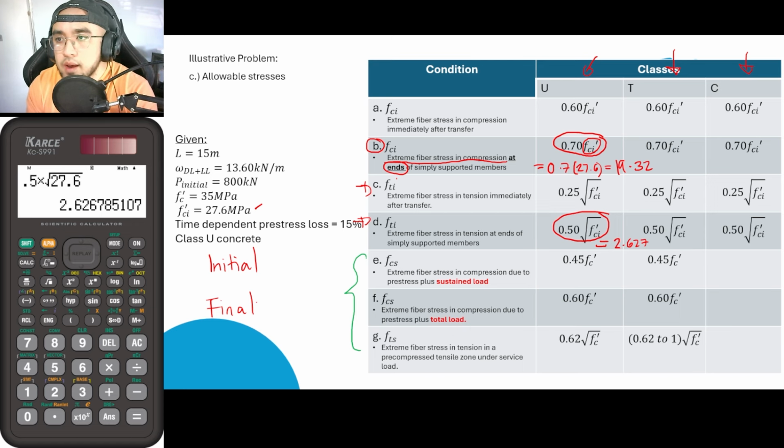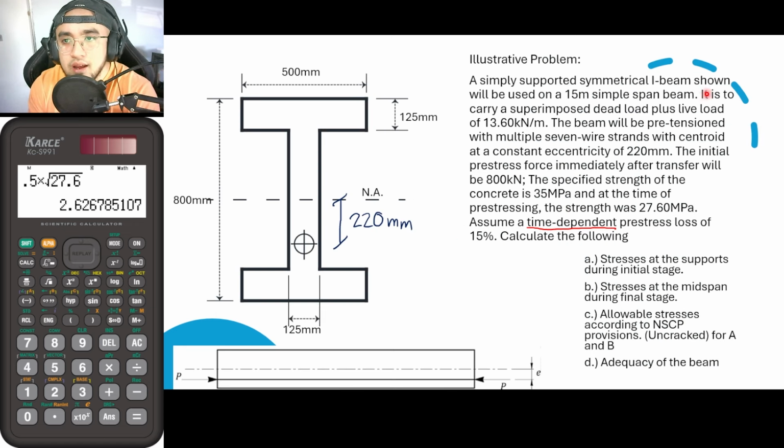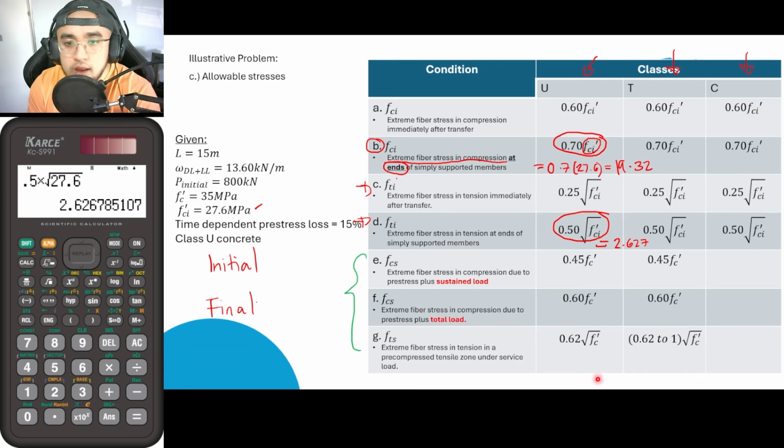If we go back to our previous slide, it is stated here that it is to carry a superimposed dead load plus live load. So what is the difference, guys, between sustained loads and total loads? If you Google the term sustained loads, these are loads that act throughout the life of the beam, the lifespan of the beam.